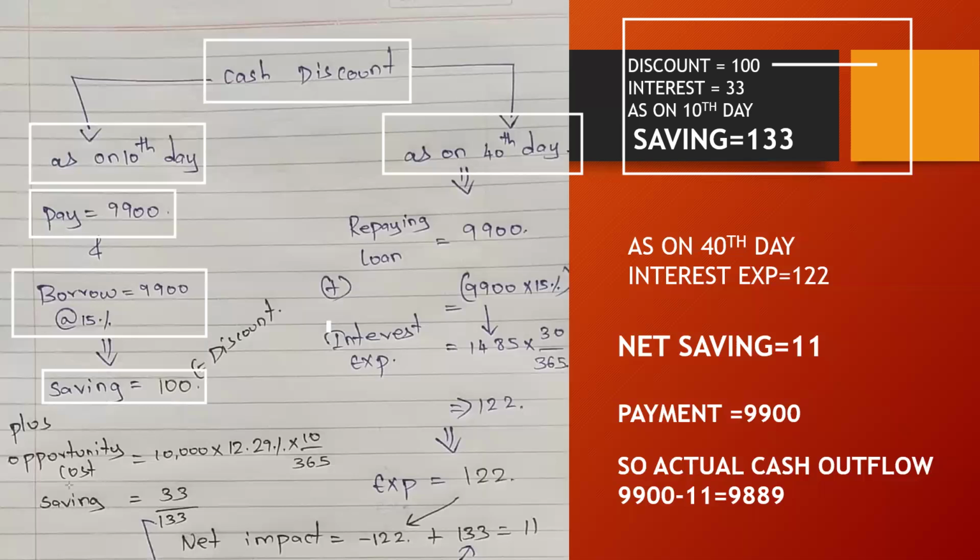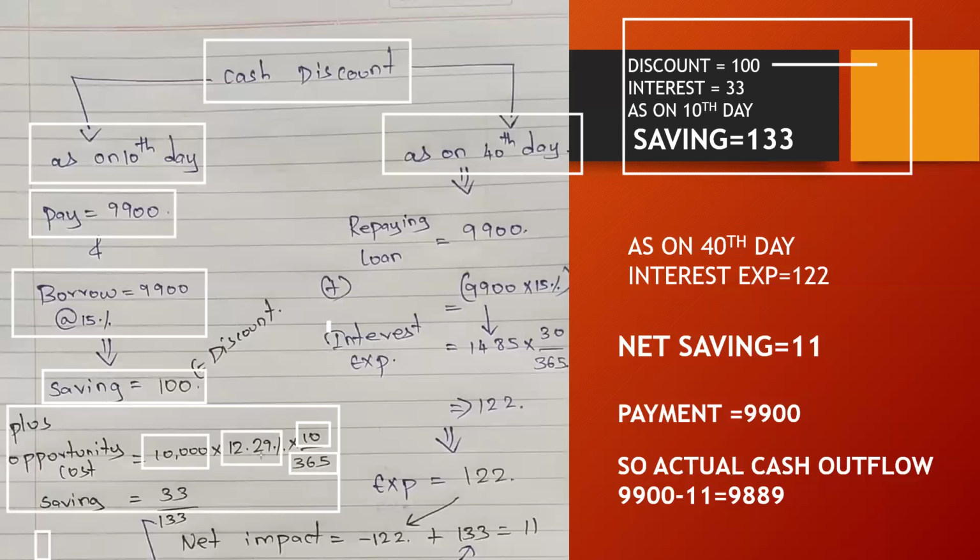For 10 days, you are earning interest of $33. That's the working: $10,000 invested for 10 days at 12.29%, but the 12.29% is for 365 days, so multiply by 10 divided by 365, and you get $33.